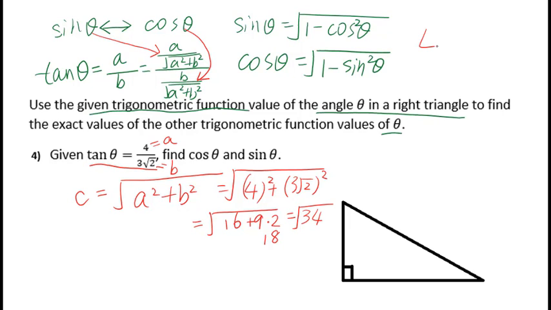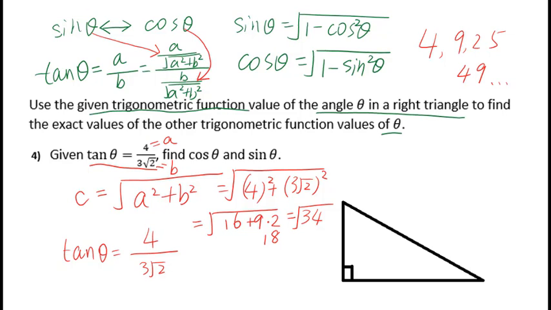Check those numbers, 4, 9, 25, 49. 34 cannot be divided by those numbers, which means it's a simplified radical. Therefore, for tangent theta, we can write down 4 over 3 square root of 2.